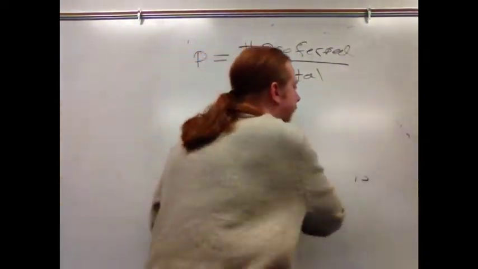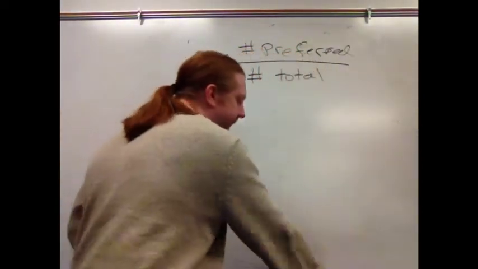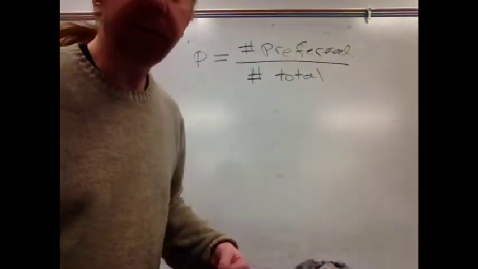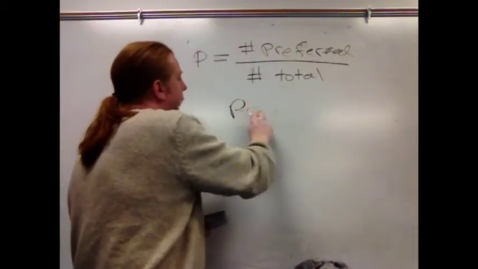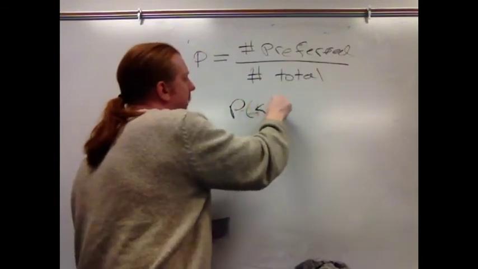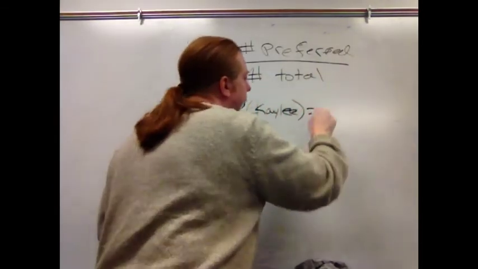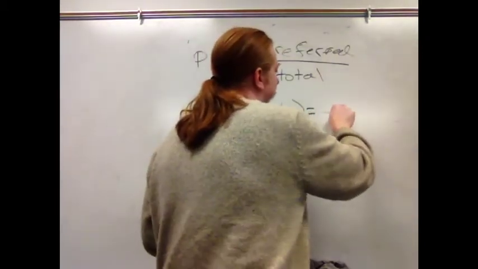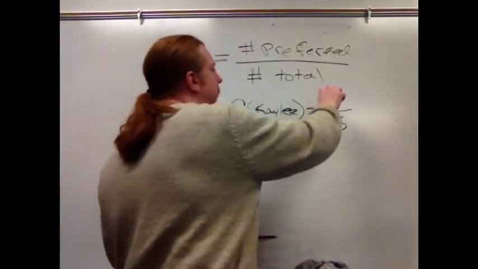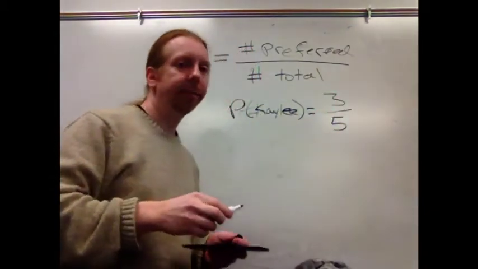Let's clear the board up. Since I'm looking at the probability of Kaylee, since I'm looking at a total of 5 pictures, the total goes on the bottom. Of those, 3 are her.